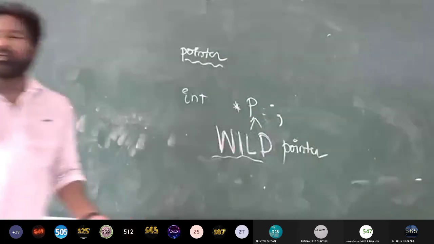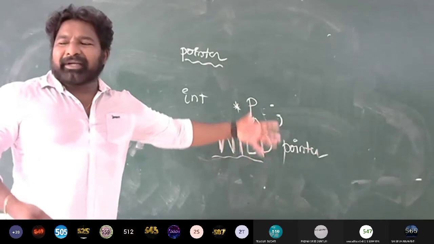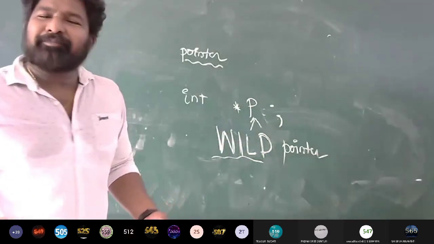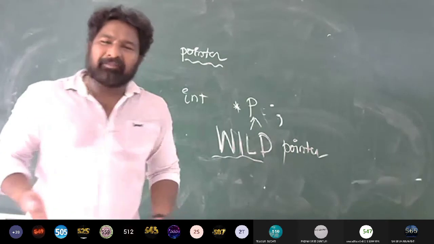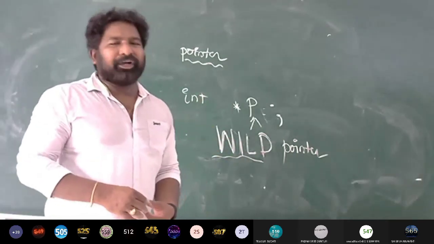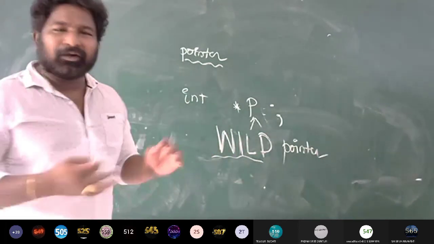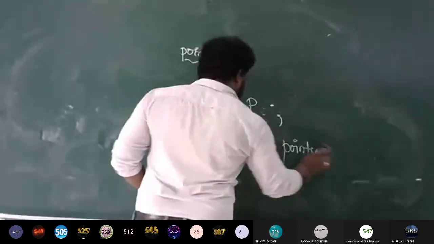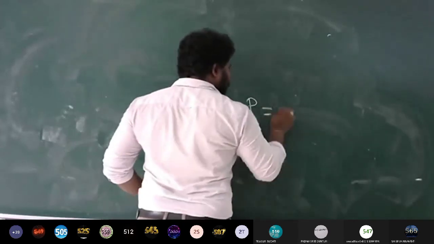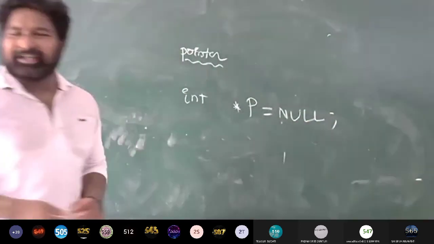What do you mean by wild pointer? Wild pointers behave differently. You can't predict their behavior, just like you can't predict the behavior of a wild animal. This is similar to that. So if you don't want to make a wild pointer, a good programming practice is, when you are declaring a pointer variable, assign it null, so that it will be called a null pointer.